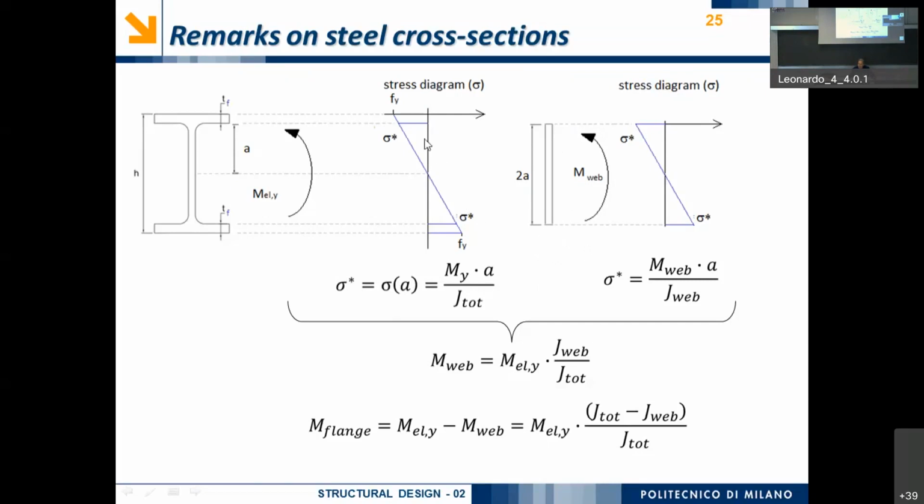So the value of sigma star is equal to the bending moment carried by the web, which is the quantity I'm looking for, times a, over just the moment of inertia of the web. The moment of inertia of the web, of course, is the moment of inertia of the rectangle constituting the web. So I also know I_web. Sigma star in this formula will be equal to sigma star in the second formula.